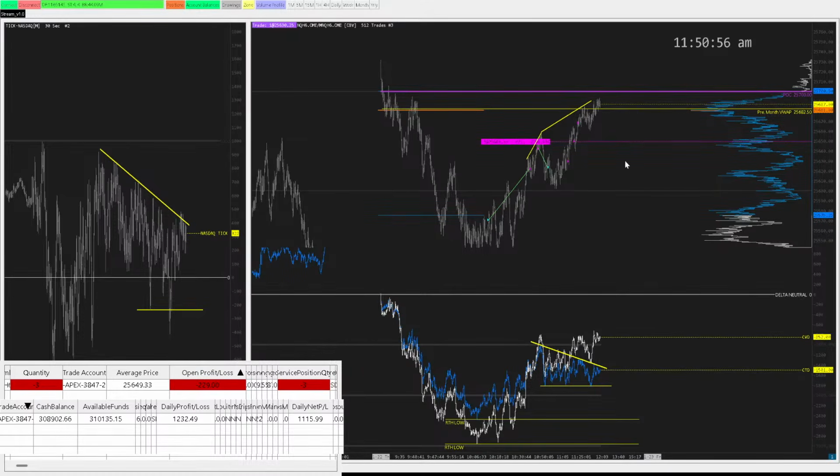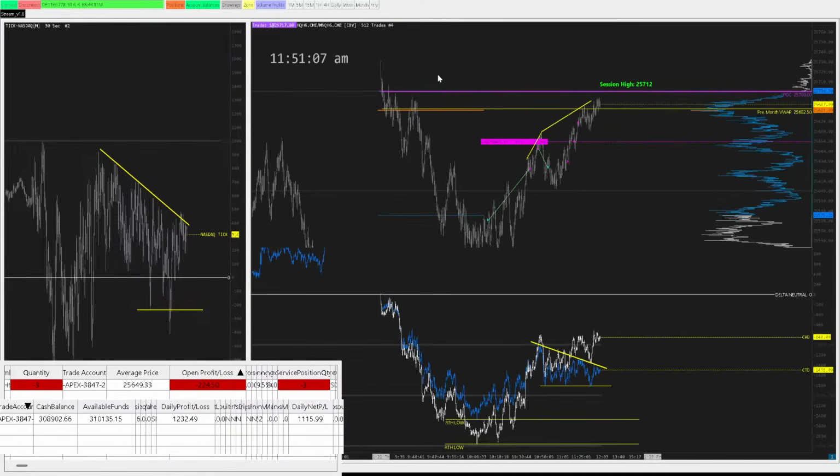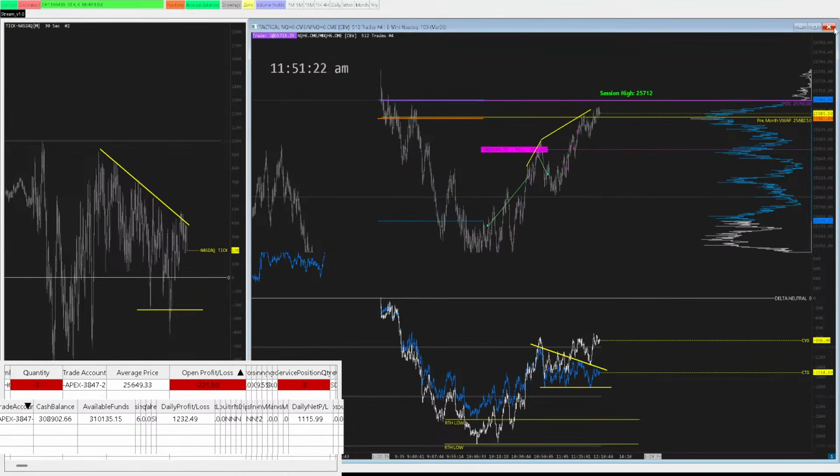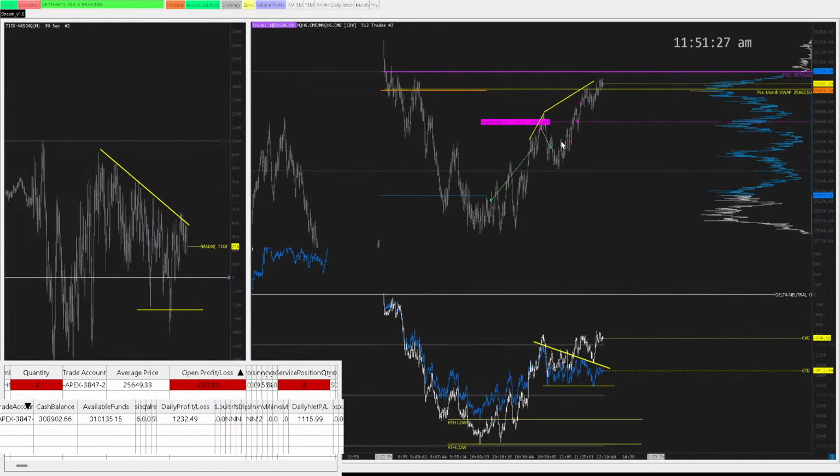Let's see. I'm going to duplicate this chart. Sorry about the beep. Yikes. Alerts. That's probably an alert for one of the studies that I was looking at. Just bear with me here while I close this out.